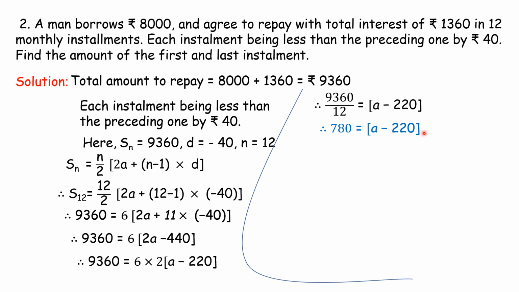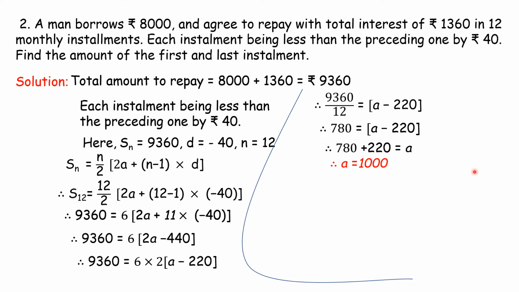Now this 220 we bring on the left hand side, that becomes plus. Therefore 780 plus 220 is equal to a. Therefore a is equal to 1000. A is the first installment. Now find out the nth installment, means 12th installment.